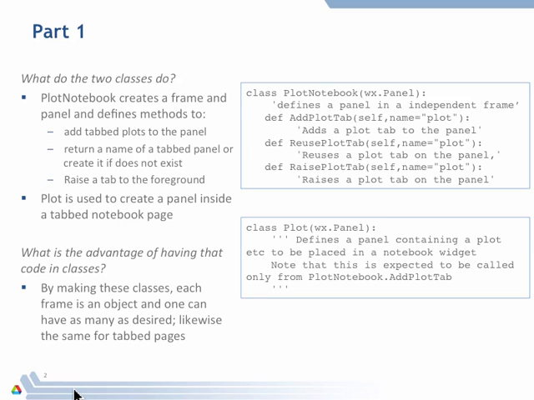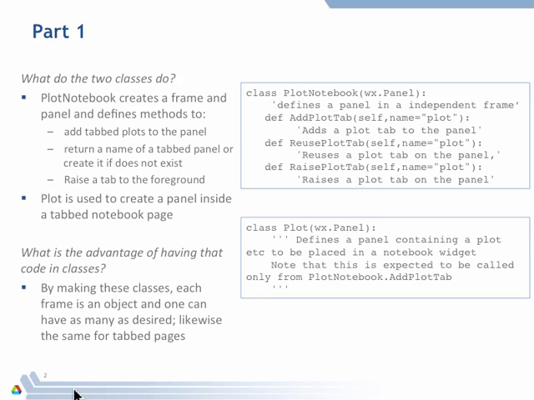Also, there is no reason to restrict yourself to only having one window. If you want to run this with multiple plots and multiple windows, you can create as many of these plot notebook windows as you want. So again, it makes sense for those to be objects. So that's what I say here. Okay.